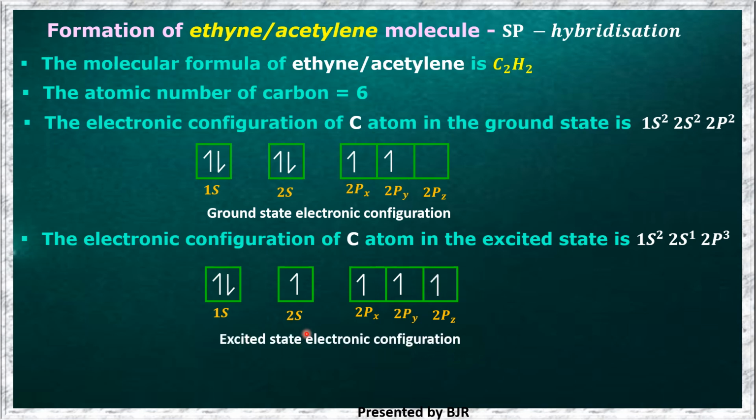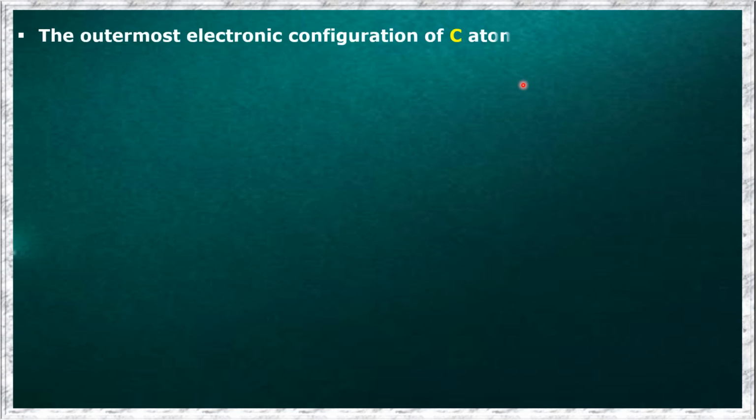Then 4 unpaired electrons are available in the outermost orbit of carbon atom. So this is the excited state electronic configuration of carbon atom. Here you can see the outermost electronic configuration of carbon atom in the excited state.